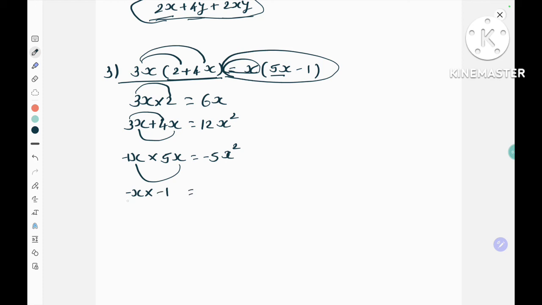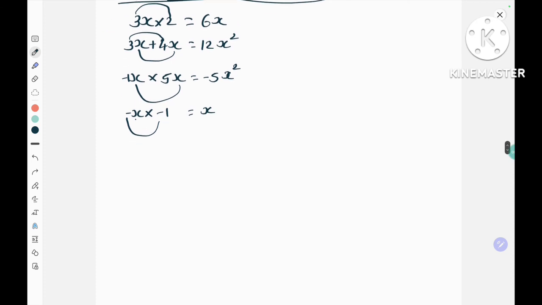Let's first decide what the sign of the answer will be. Minus times minus: when we multiply two numbers and both have the same sign, the answer is positive, and for a plus number there is no need to write the plus sign. And x times 1 is x, no need to write the 1 in front. You can avoid writing it, since it is the invisible one we can already consider.